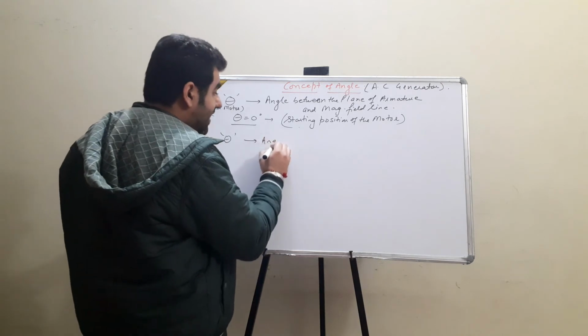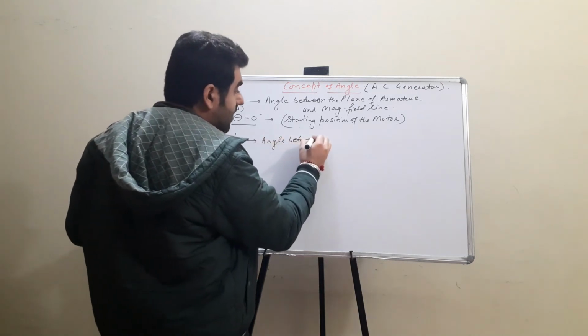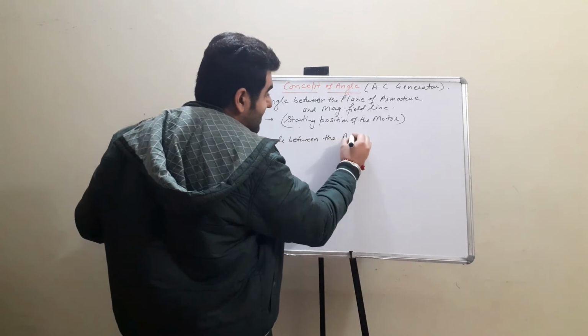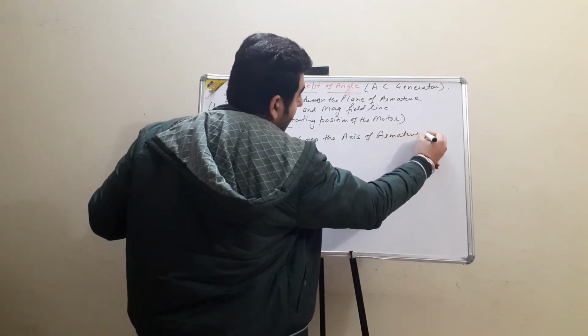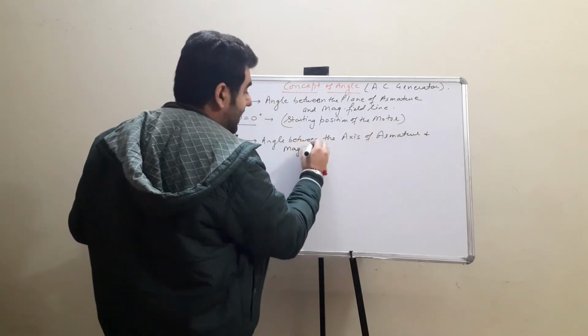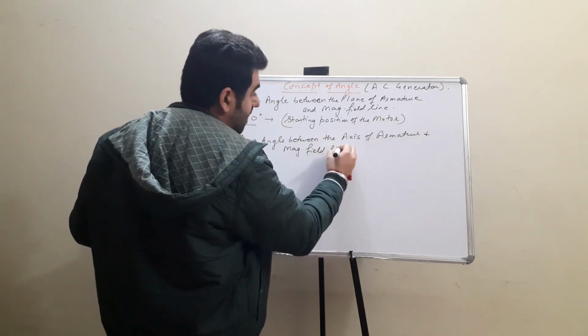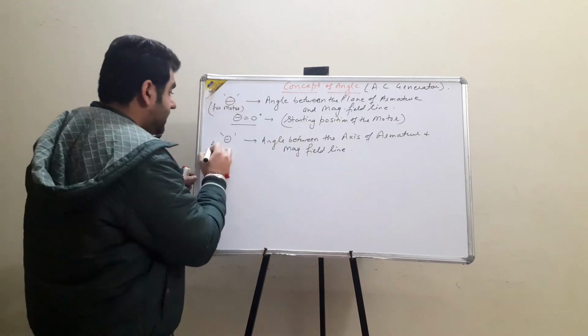This is the angle between the axis of armature and magnetic field line. So this is for the generator.